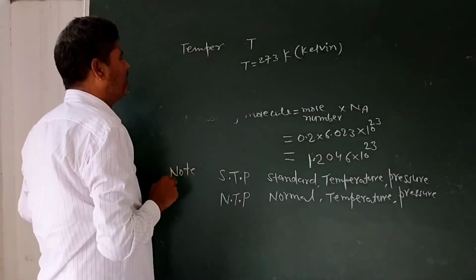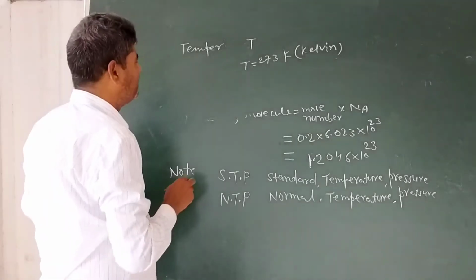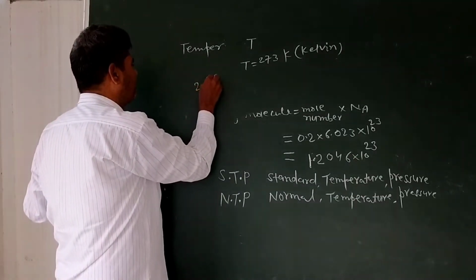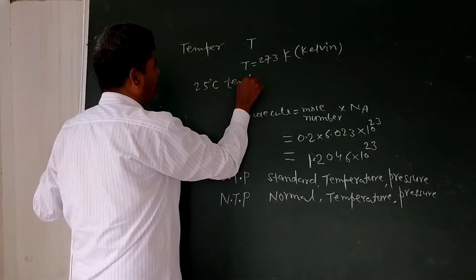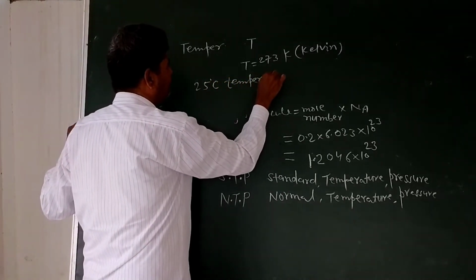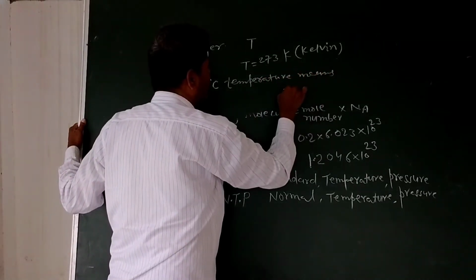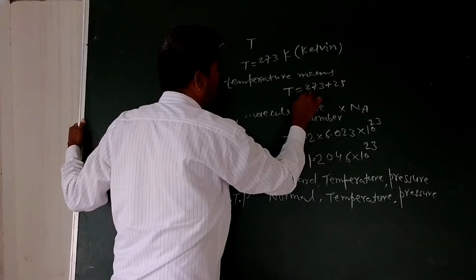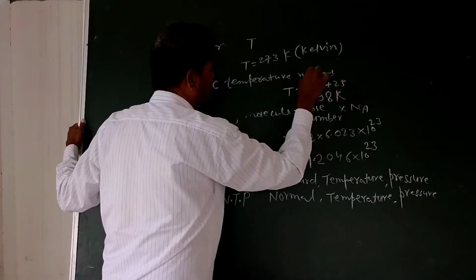When Celsius is added to 273, then Celsius is converted into Kelvin. Suppose the temperature is 25 degrees Celsius, it means T is equal to 273 plus 25, that is 298 Kelvin.